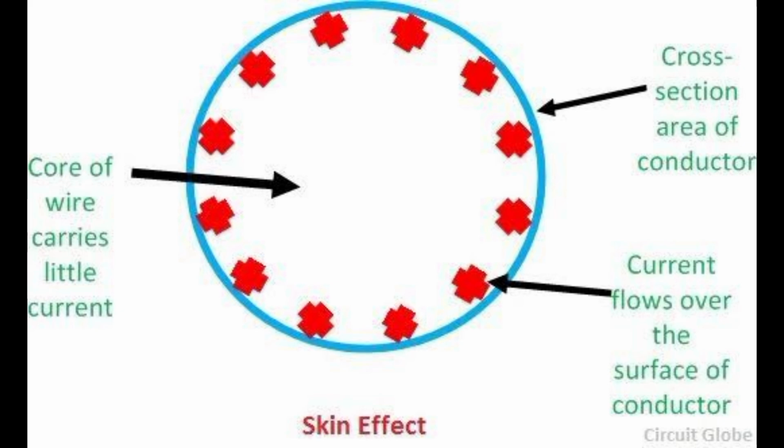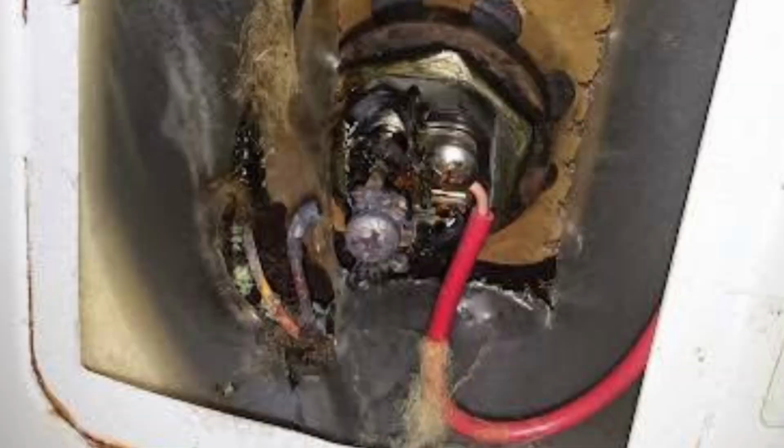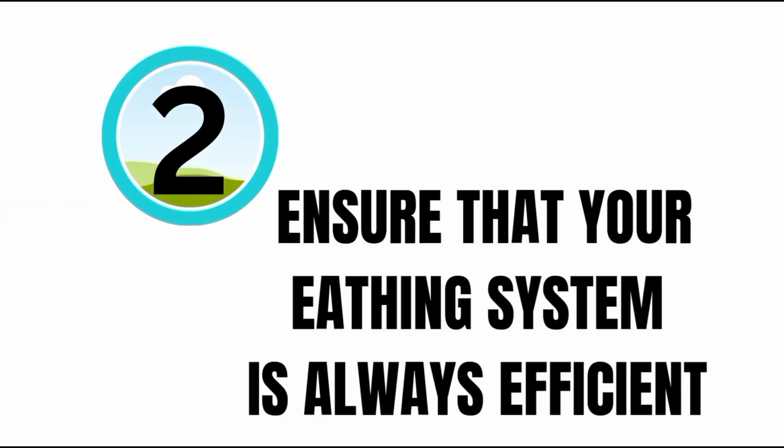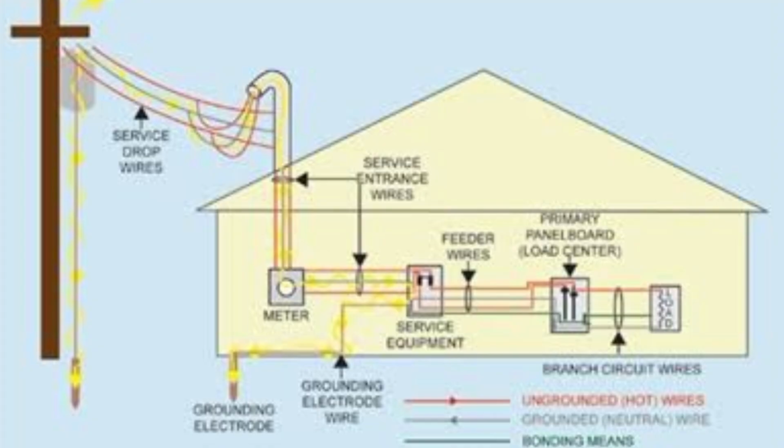And if you have a conductor whose cross-sectional area is large enough to accommodate this current, then the insulator will not heat up, and this in turn prevents these cables from sticking together, which can lead to earth faults.